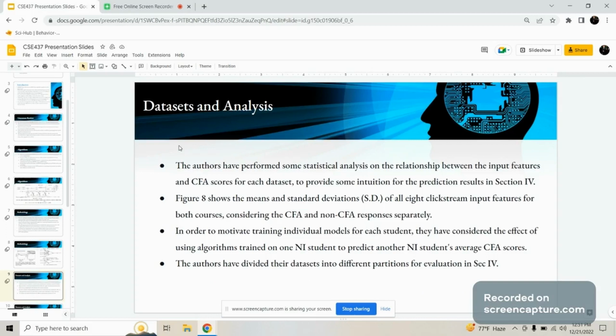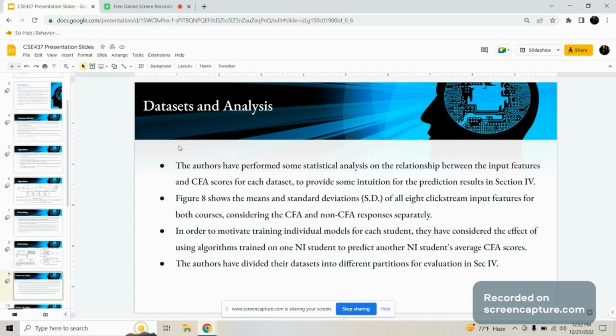In order to motivate training individual models for each student, they have considered the effect of using algorithms trained on one student to predict another student's average CFA scores, which overlaps some of the error portions of the dataset trained models' output.